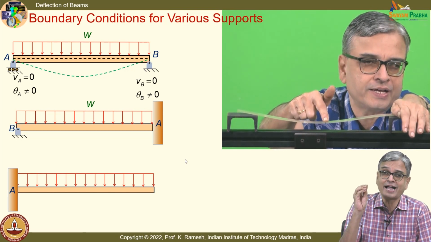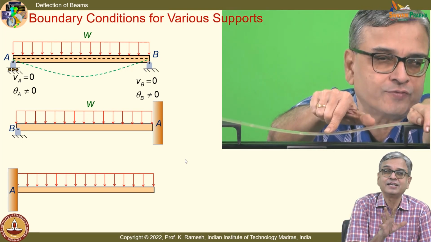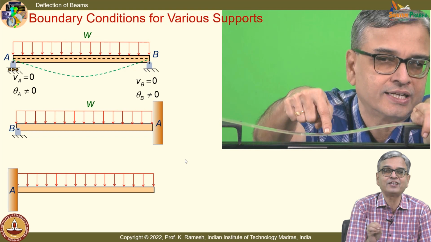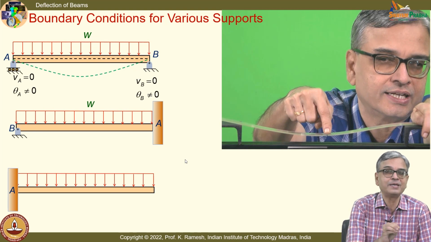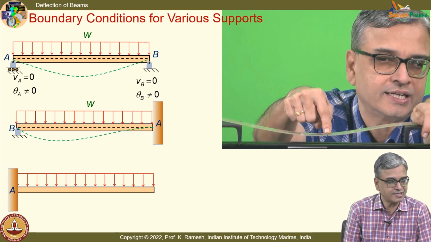If you handle the supports and join them in between from your visualization, you will have the deflection of the beam plotted reasonably well. Okay. So, I will have this like this, and you have this like this. Okay.